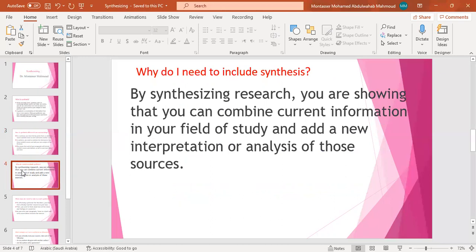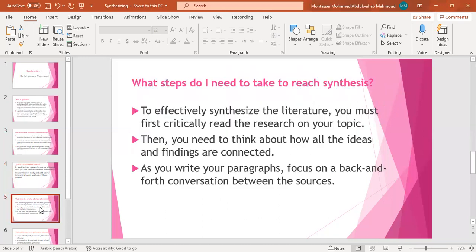And this, of course, reflects an effective and efficient academic writer. You want to show others that you can combine current information in your field, and you can at the same time add new interpretation through your analysis.